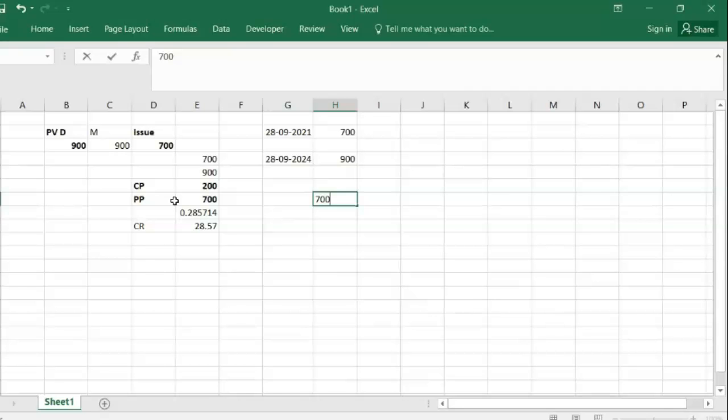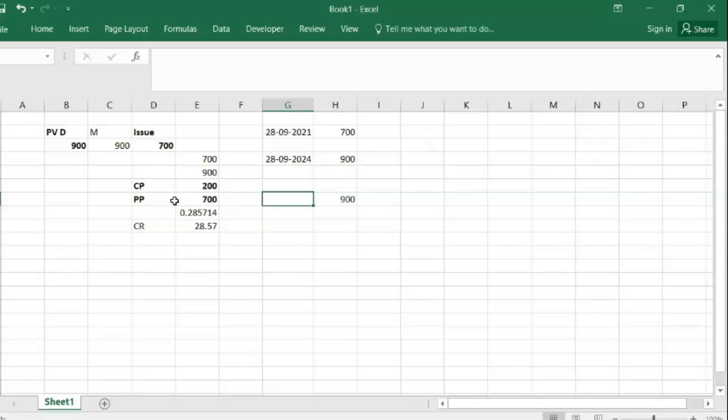With the compounding effect, the maturity benefit you will receive is 900 rupees, out of the principal amount you have invested, which is 700 rupees.